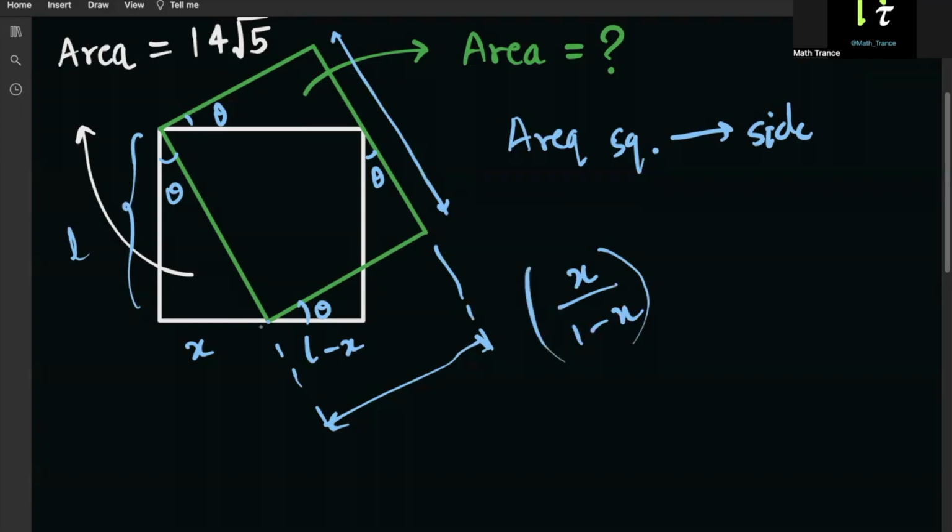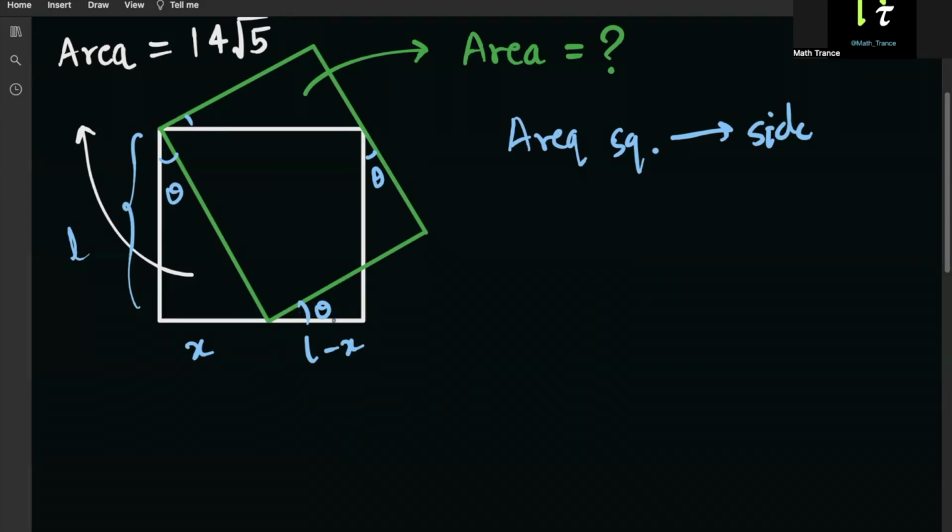This is just a random point, not a specific point. The only criteria is that this vertex is fixed, this vertex is fixed, and this vertex is fixed. This side is parallel to this side such that this side passes through this vertex, and obviously this is the common vertex for both rectangle and square. So that is one way to solve this question, but that is not how we would do it.